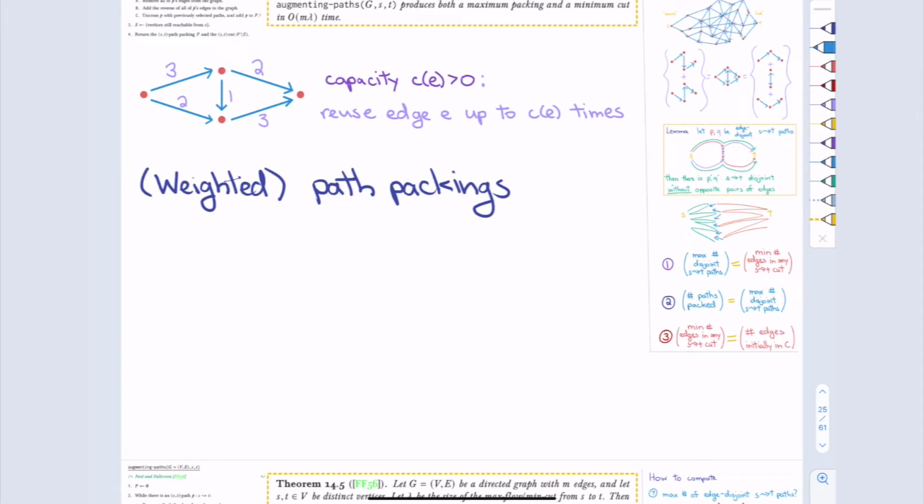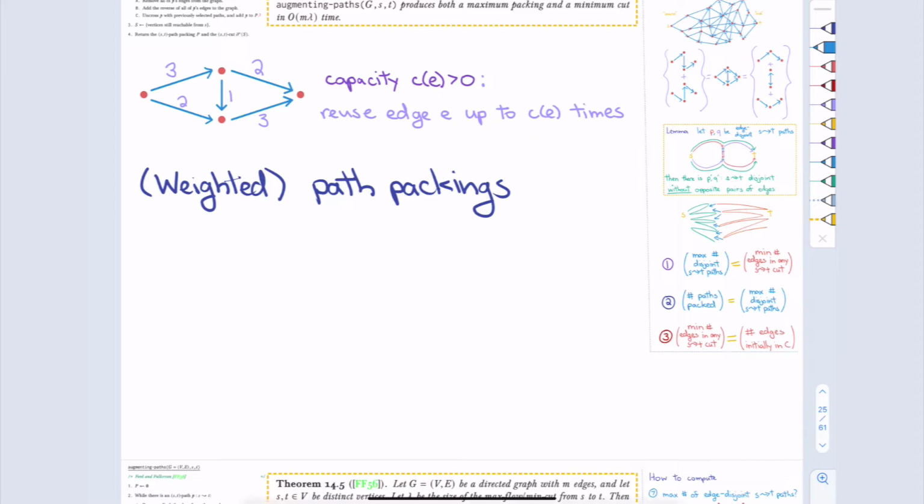Okay, so when we're talking about path packings with capacities, especially if lambda is big, I don't want to save a copy of a path for every unit of lambda. So I'm going to be instead thinking about constructing weighted combinations of ST paths.